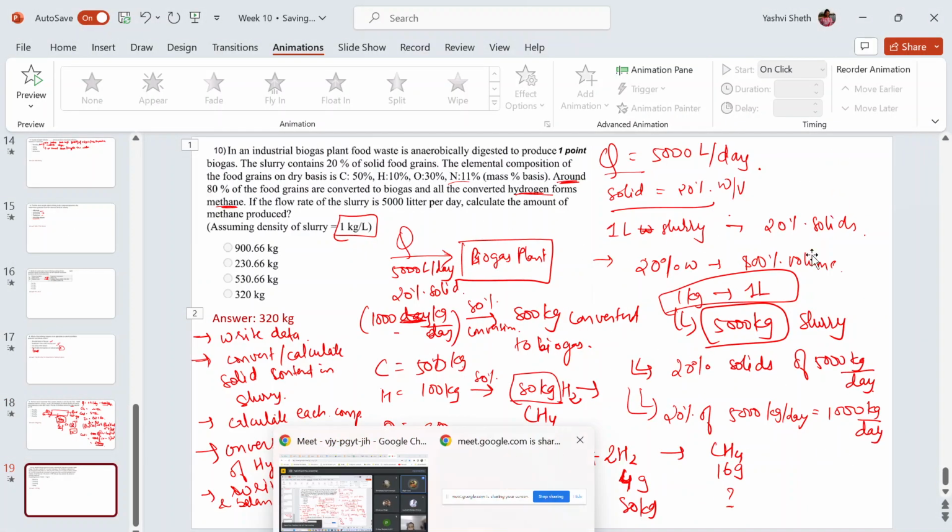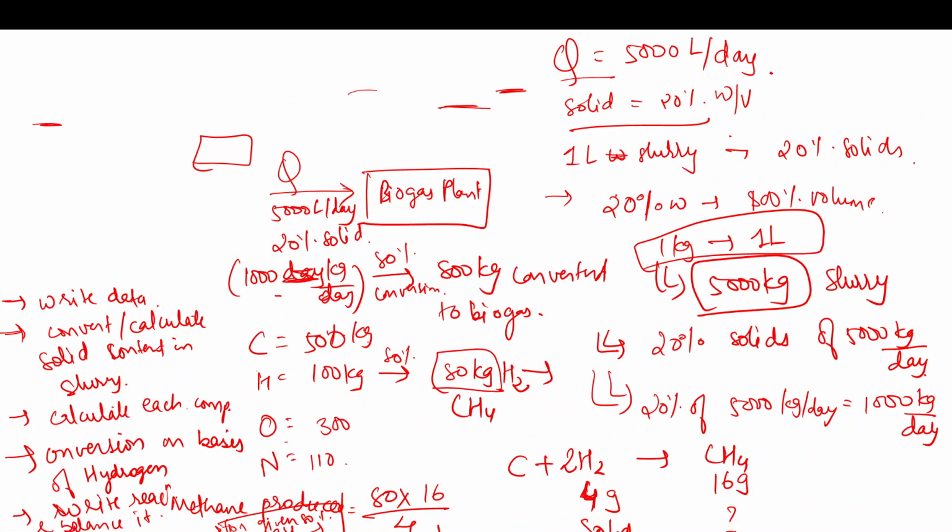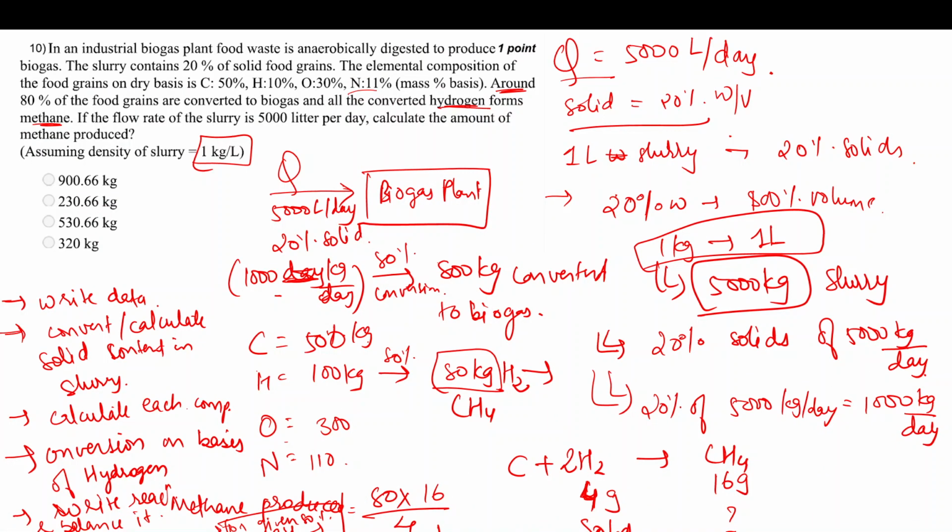Then I have a question. What is the use of H equals 100 kg in this equation? So H equals 100 kg is the inlet that is given to you.